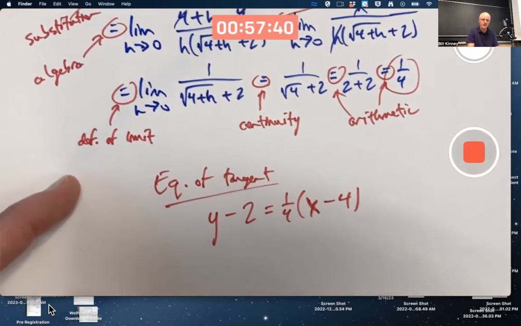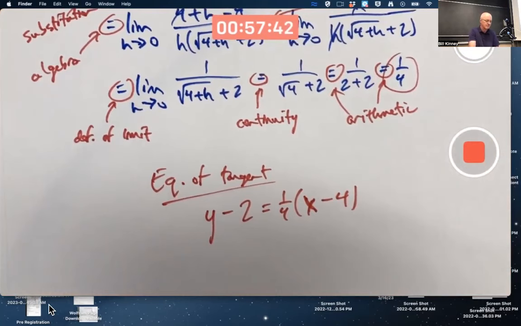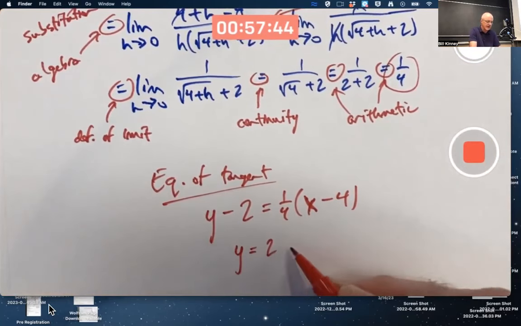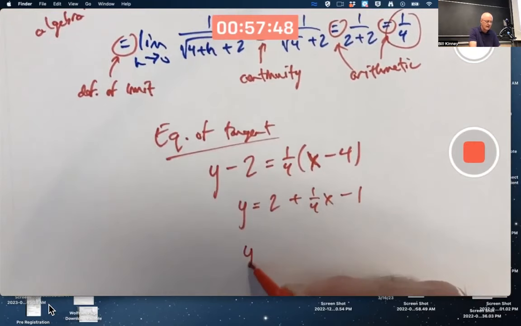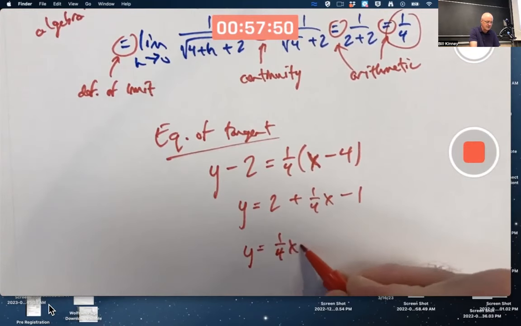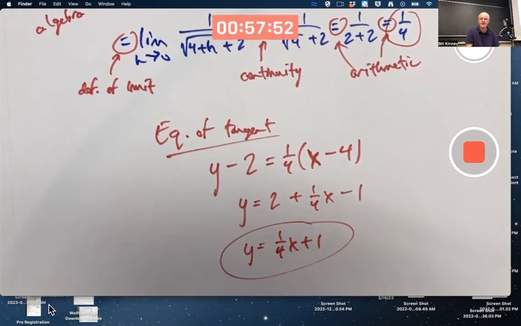The slope is 1/4 and it goes to the point 4,2. Solve for y as a function of x. Get y is 1/4 x plus 1 is the equation, simplified slope-intercept form of the equation of the tangent line.